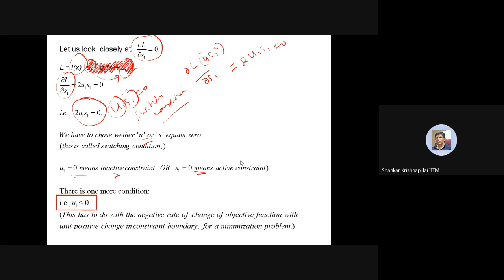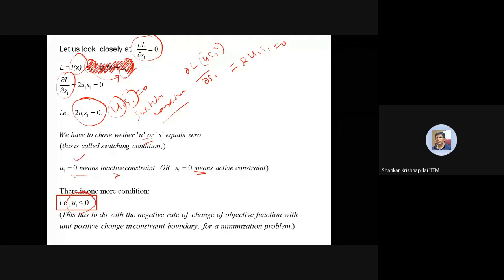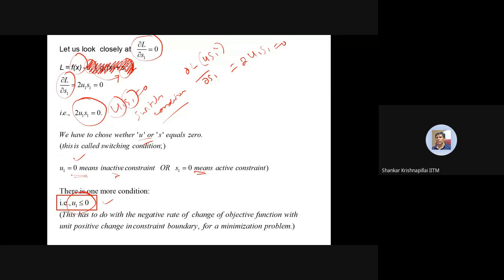Then there is one more condition: the sign of u1 can either be 0 or it can be negative. This negative sign of u1 has to do with the rate of change of the objective function with unit positive change in the constraint boundary. What is the meaning of that? We'll see later graphically why u1 can be 0 or negative, and why u1 cannot be positive.